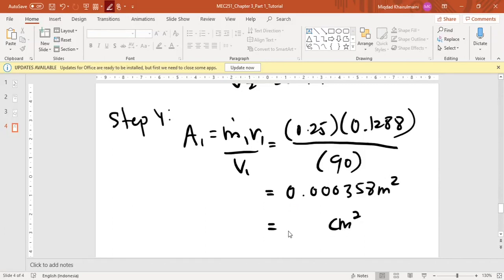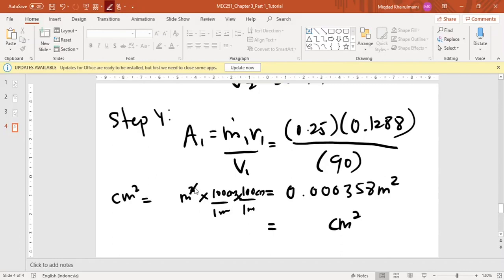So we have to convert it. Make sure you know how to convert. Basically, we want cm square and we have meter square. So we multiply by 100 cm over 1 meter times 100 cm over 1 meter.